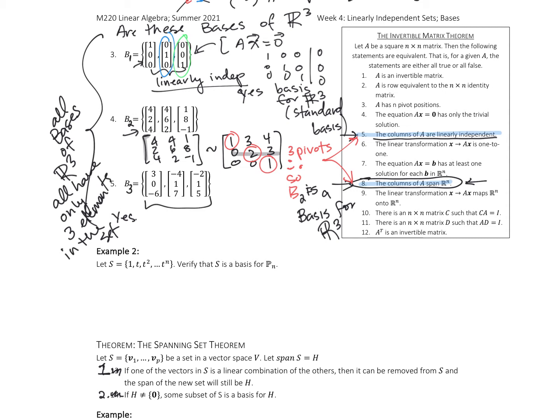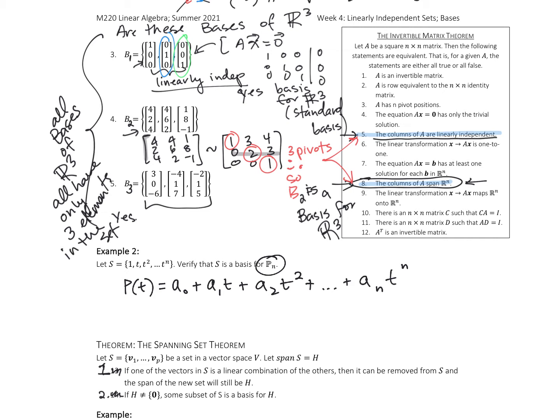So the polynomial set P_n says that in order to be in this set, I have to be able to describe any polynomial of t as some a0 plus a1t plus a2t squared plus all the way out to a sub n t to the n.